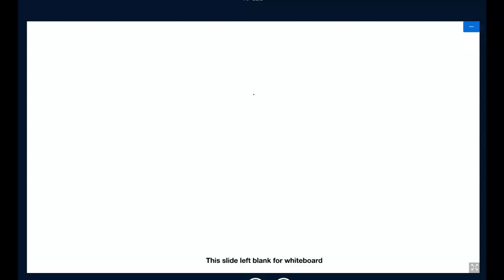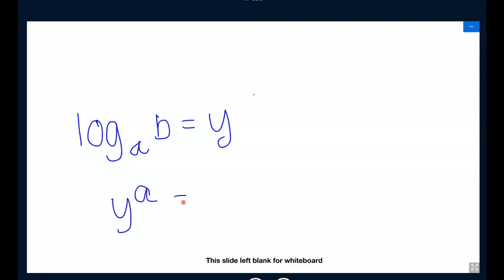The top is, honestly, you're just using this formula right here. You're going to use the log base A of B equals y. And then you transform it to say A to the y equals B. So like anything, if it was like a problem, you can switch it from log to exponent or exponent to log.